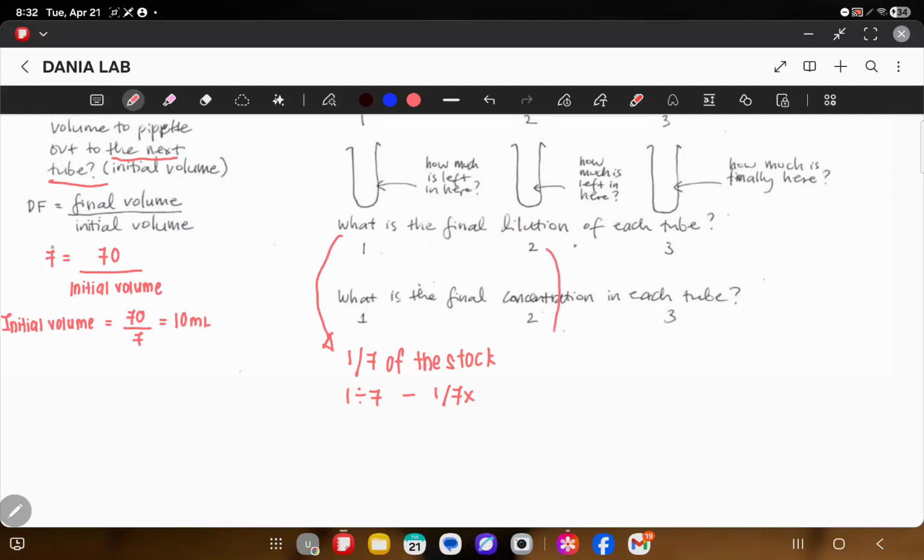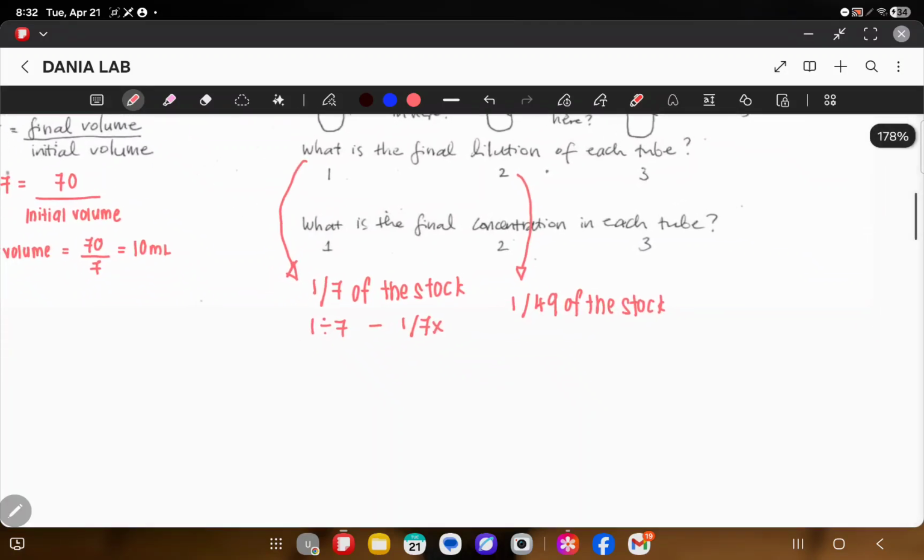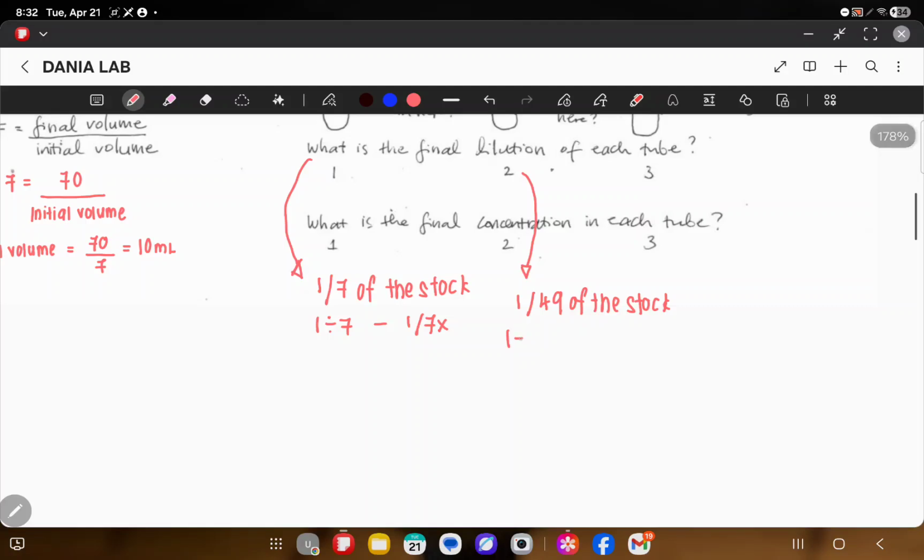Meanwhile, tube 2 is 1 over 49 of the stock, which is 1 divided by 7 times 7, 1 over 49 times.